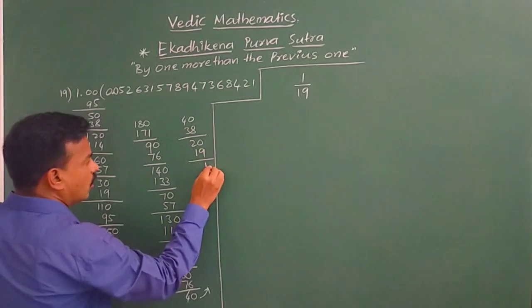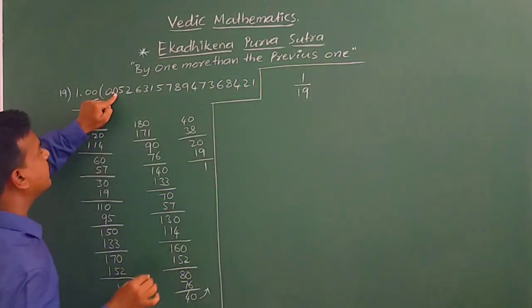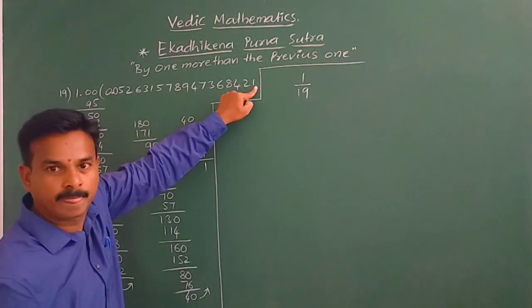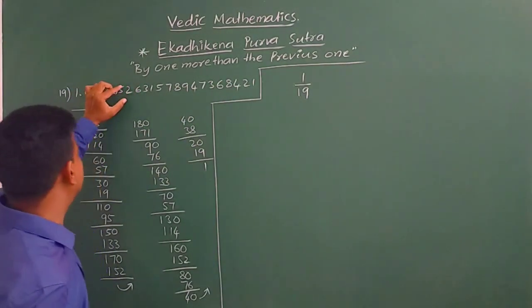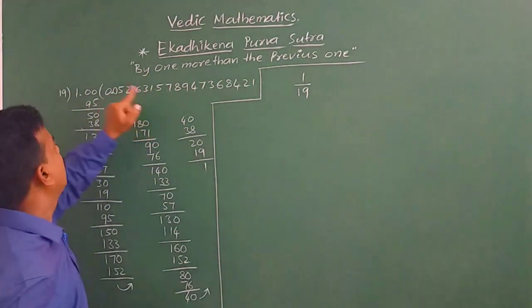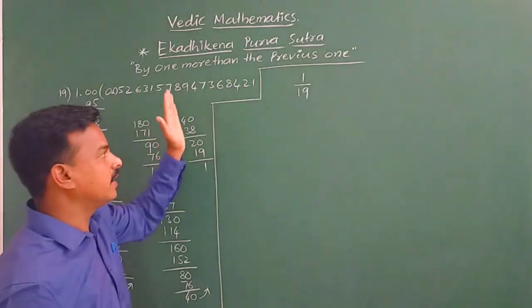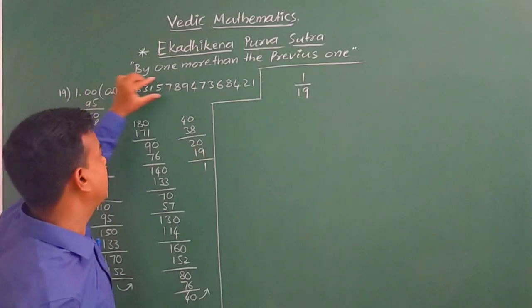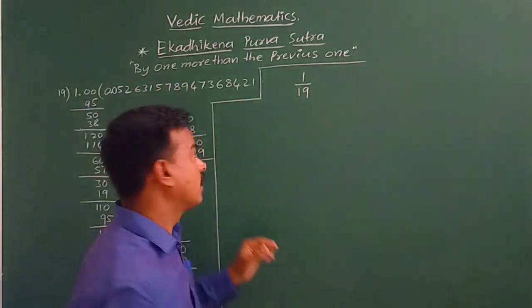Again bring down 0 and then it repeats from here to here again. That means in the decimal form of 1 by 19, 18 digits are repeating. That's why this decimal form is called a non-terminating recurring decimal.